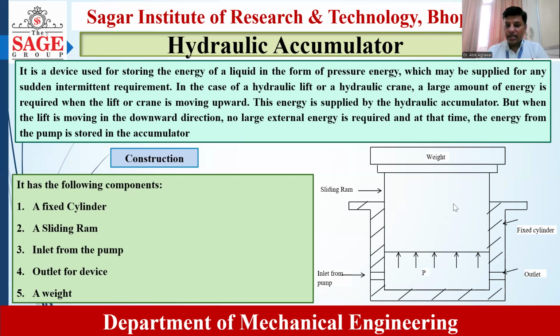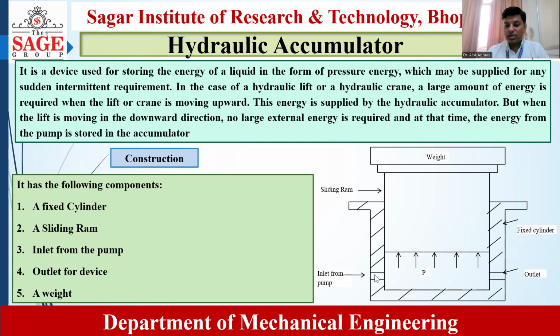Again, this sliding ram has a heavy weight above its head, so it has a natural tendency to move downwards because of gravity. In the cylinder, two slots are provided. One is for inlet and the other one is for outlet.